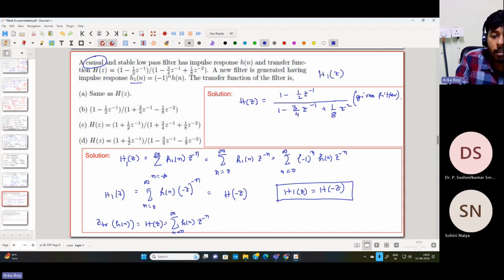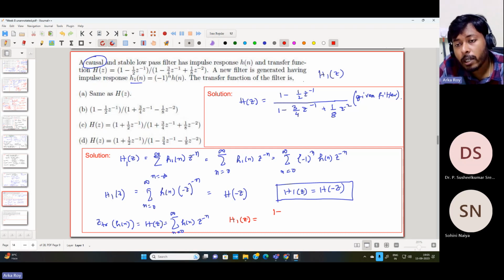So now if I try to find H1 of z from this particular transfer function, effectively in place of z everywhere I have to put minus z.